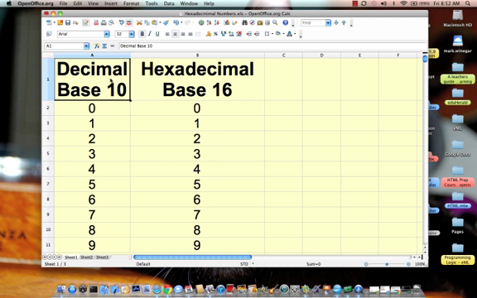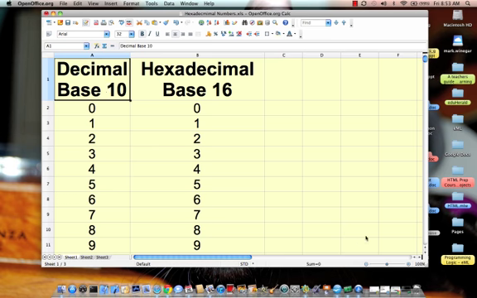You would count in base 16. Now, that's just what the computer does. We begin representing these base 16 numbers using the same 10 Arabic digits 0 through 9.